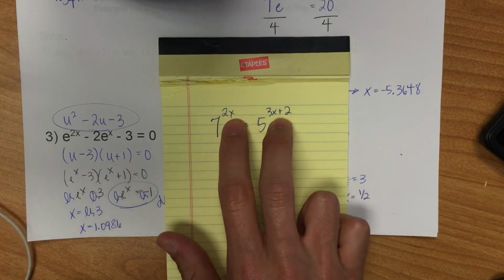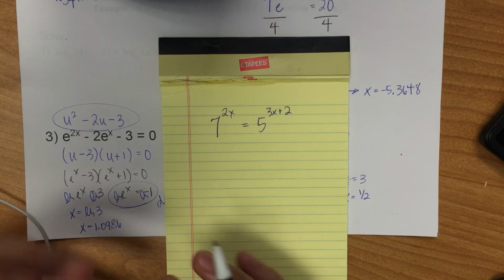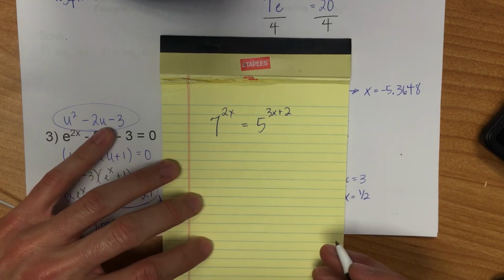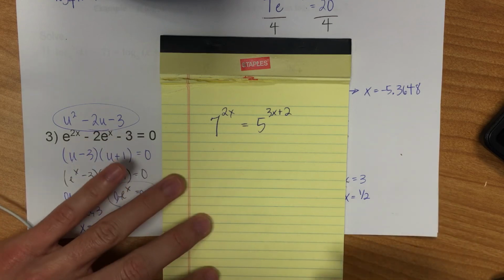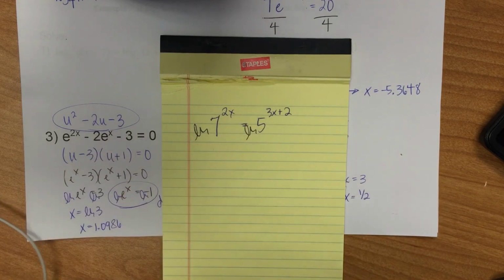There are x's in both powers, which is a problem. So the first thing you want to do is get the x's out of the powers. And the easiest way to do that is to take the log of both sides. In this case, instead of doing log of both sides, I'm going to do natural log of both sides, because technically you can do either, since both of those buttons are in your calculator.